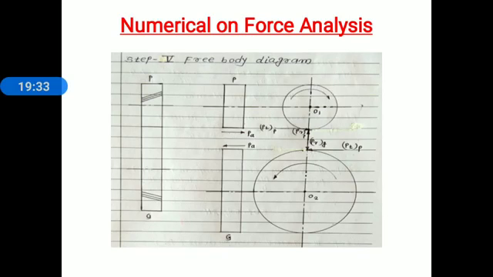It is a left hand pinion, that's why we use the left hand, and keep all the fingers in the direction of rotation, which is clockwise, and the thumb indicates the thrust. That is clearly shown for the pinion. And for the gear, the thrust force is opposite to the driver. That is clearly shown on this free body diagram.